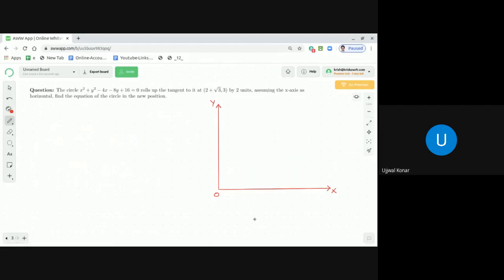So now let's revisit the question once more. As you see in the diagram, the circle x square plus y square minus 4x minus 8y plus 16 equal to 0. This is the circle.